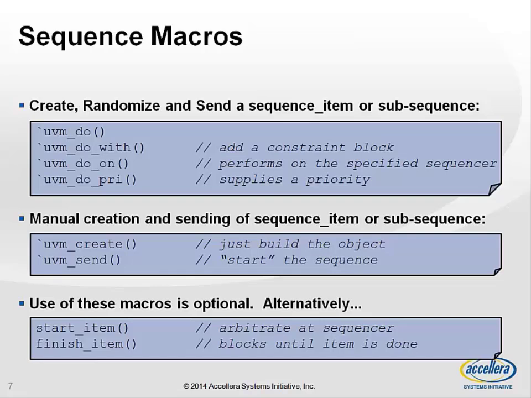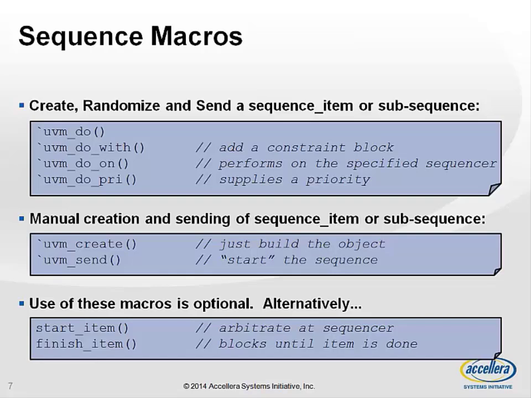UVM do with is adding a constraint. Do on allows me to name a different sequencer, so I can, in my sequence, talk about other sequencers. Sequences all run with a default priority, but I can modify that priority so that when the sequencer looks through the sequences that are running, it chooses the highest priority.